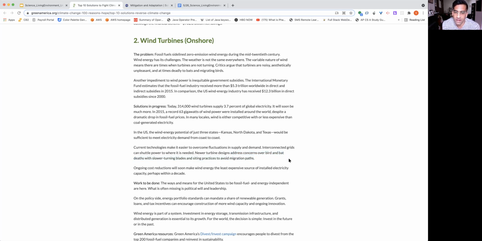And in addition, they can route the power where it's needed, meaning even if there are fluctuations in the amount of wind in a certain area, it can be mitigated by having more wind power turbines, which are cheap to build and zero emissions, all over the planet.